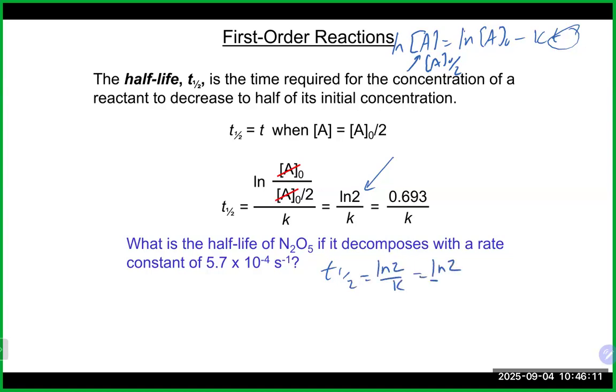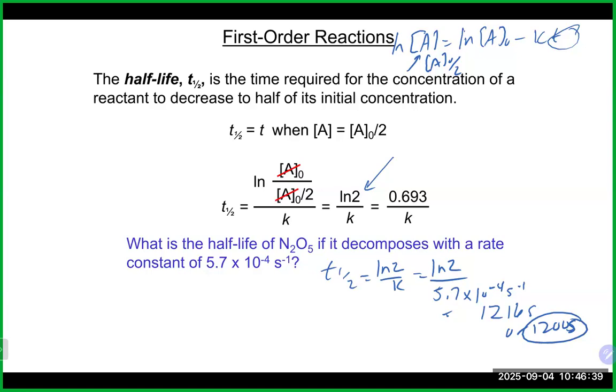They gave us the rate constant here of 5.7 times 10 to the minus 4 reciprocal seconds. And that's going to get us there. Looks about like maybe 1216 seconds or about 1200 seconds, if you're still interested in significant figures at this point.